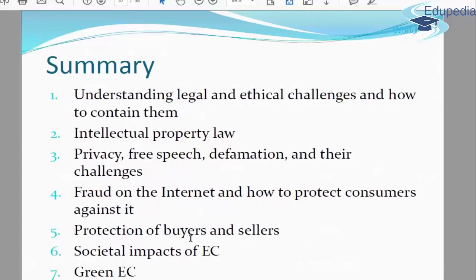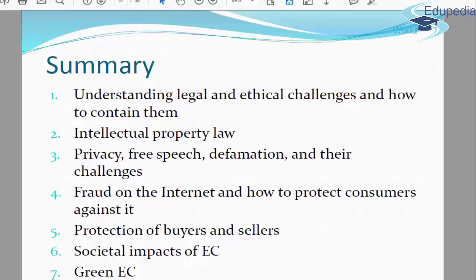So if I summarize my points here, I need to understand legal and ethical challenges and how to contain them. I need to understand intellectual property law completely before I conduct an electronic commerce business. I need to understand privacy, free speech, defamation, and their challenges in the area that I'm planning to practice my business. Fraud on the internet and how to protect consumers against it. Technology is advancing at crazy speeds every day, every minute, every second.